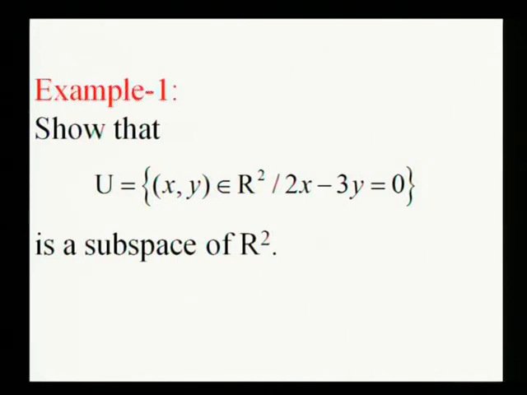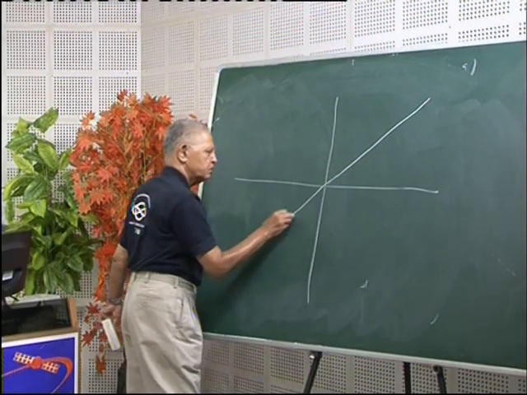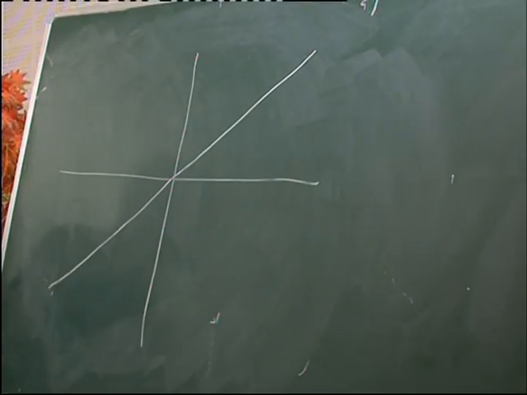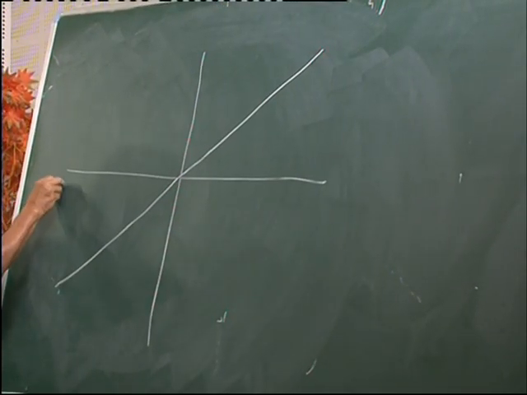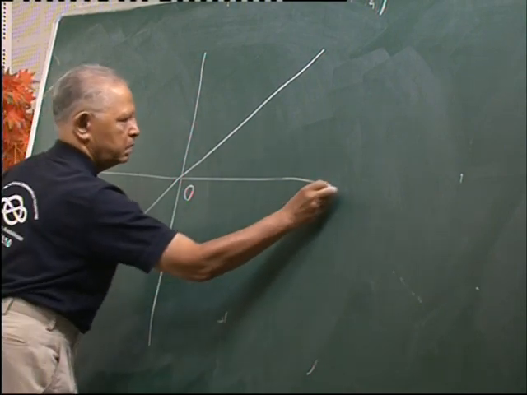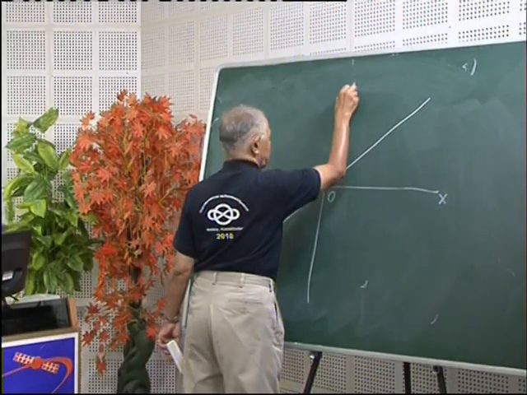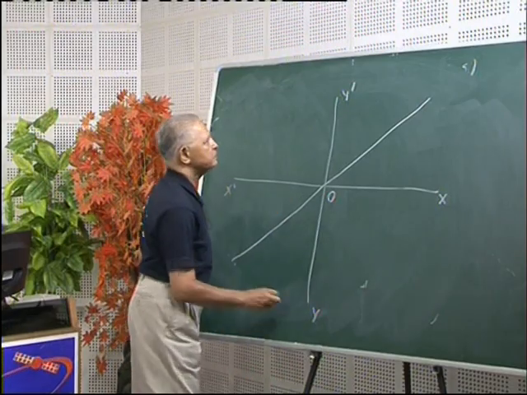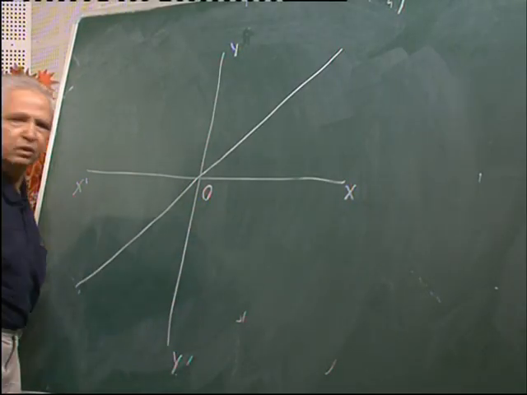If we take this Cartesian plane and see the representation of our vectors, then the set of all points (x, y) which satisfy 2x minus 3y equal to 0 is nothing but a straight line passing through the origin.